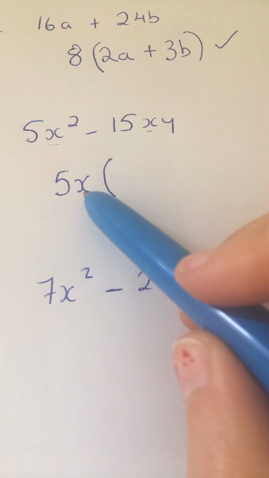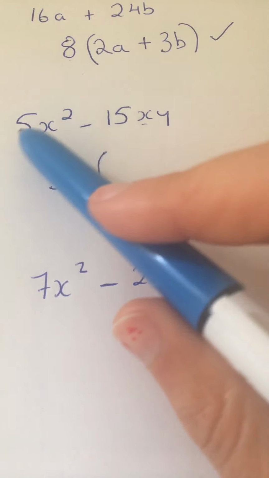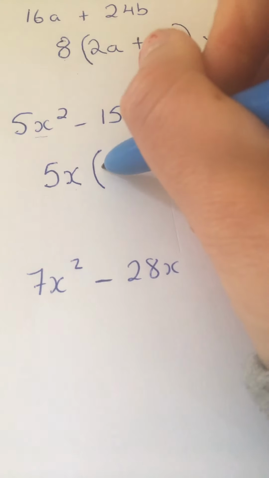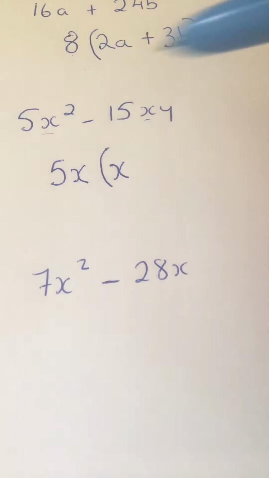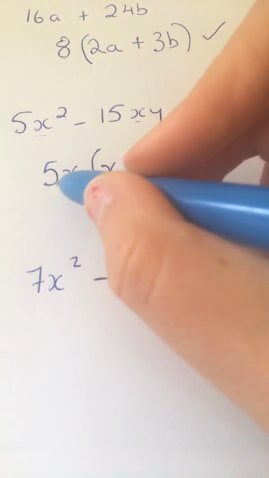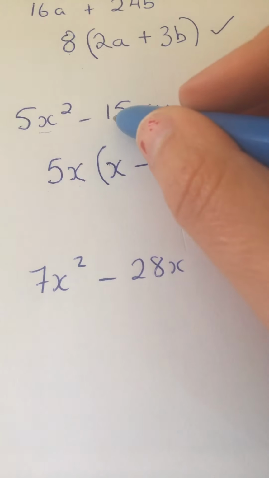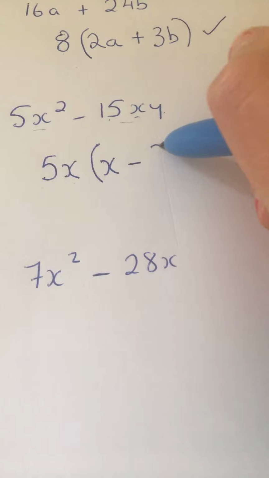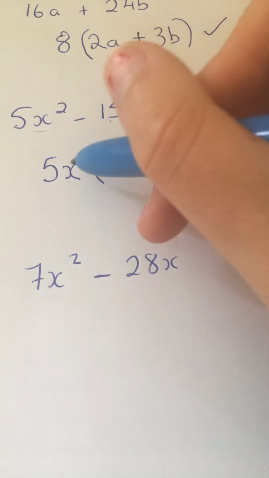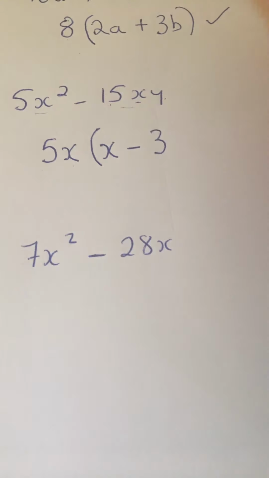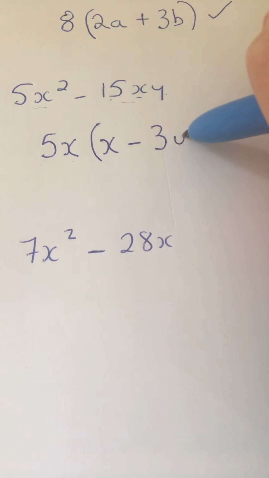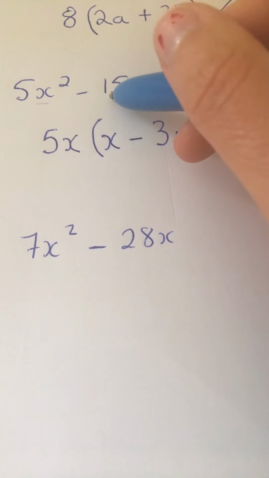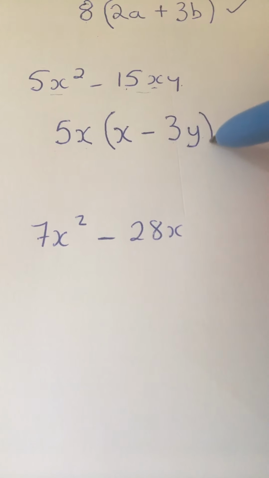What would we multiply 5x by to get back 5x squared? 5x multiplied by x gives us back 5x squared. And then 5x multiplied by what would give us 15xy? 5 multiplied by 3 would give us 15. And then we have the x already out there, so it's just the y then. 5x multiplied by 3y gives us 15xy.